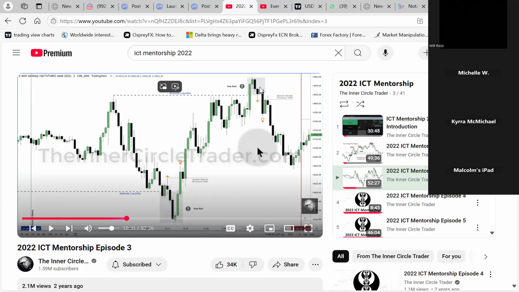Then price taps into that zone and bounces. You see how we come down and we take out this low right here? So where would your order block be? Would your order block be right here? Yes. And you would have missed this trade because it came into the imbalance, but it didn't go to that order block. And then it fell.